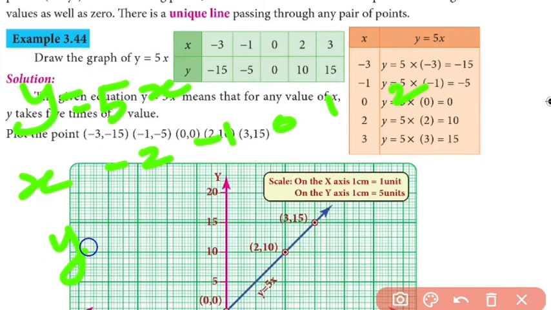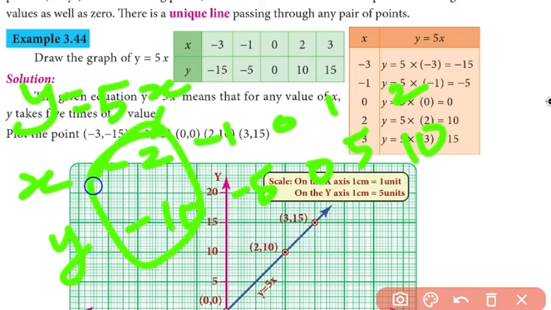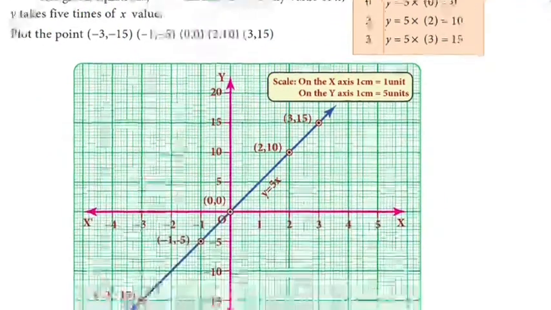If x equals minus 2, y becomes minus 10, minus 1 gives minus 5, x value 0 gives y value 0, x value 1 gives 5, x value 2 gives y as 10. So we plot the points minus 2 comma minus 10, minus 1 comma minus 5, 0 comma 0, 1 comma 5, 2 comma 10, okay.